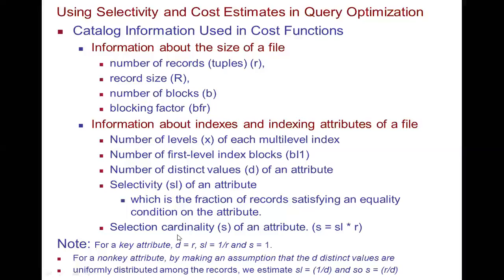Then the selection cardinality of an attribute: which particular attribute you are selecting. These are the cardinality rules you have to apply. This is what we say about the cost estimates in query optimization. As I said already, the cost refers to the time and the resources especially.